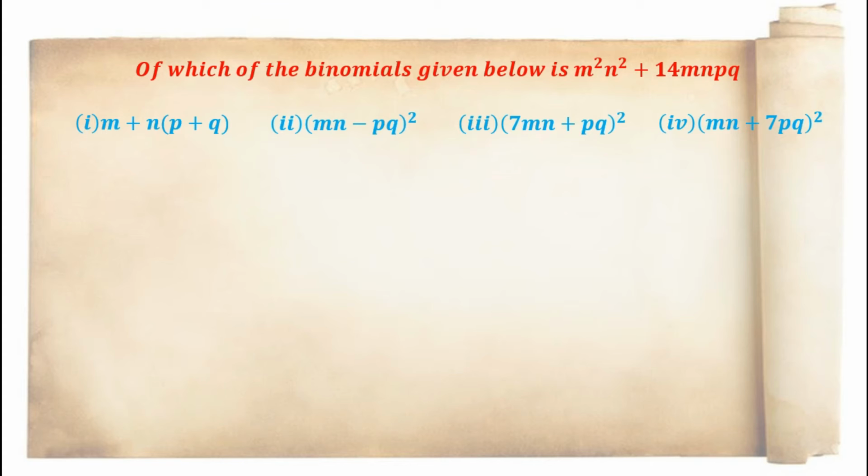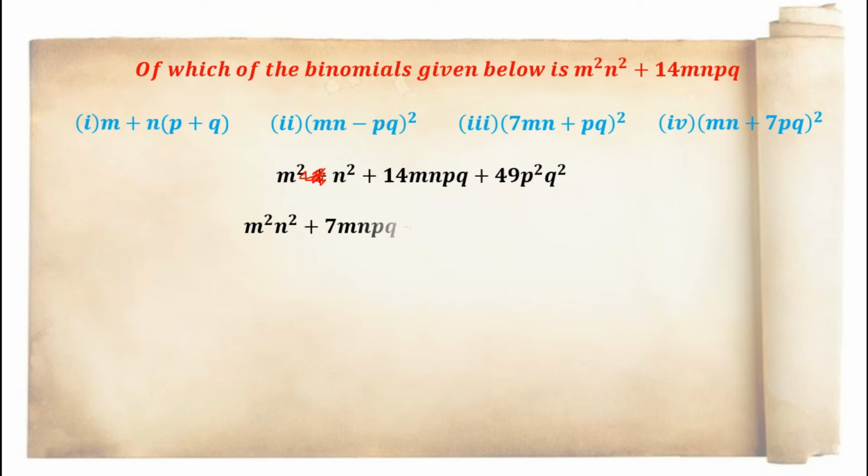Okay, so here you will see that m raised to 2 and n raised to 2, there is no sign between them. So m raised to 2 n raised to 2 plus 14 mn pq plus 49 p raised to 2 q raised to 2 becomes m raised to 2 n raised to 2 plus 7 mn pq plus 7 mn pq plus 49 p raised to 2 q raised to 2.